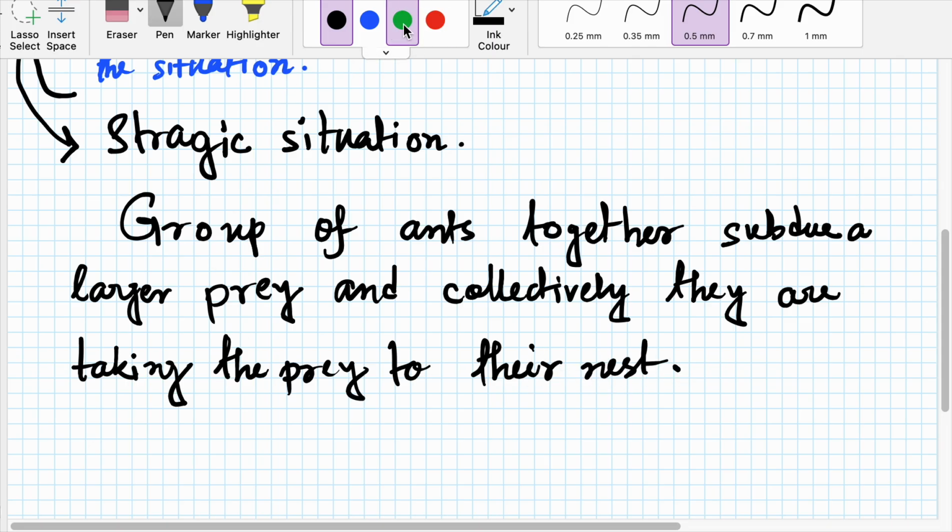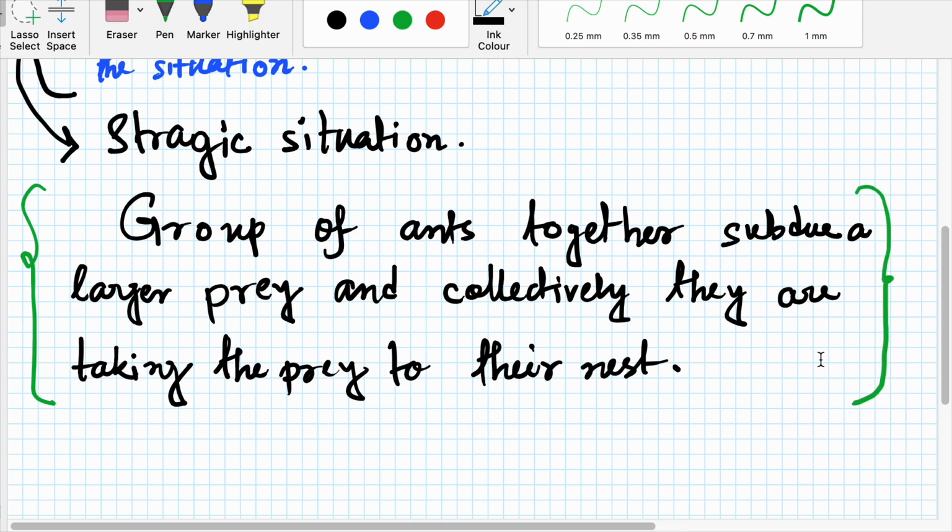So this is a prime example. A group of ants together subdue a larger prey and collectively take it to their nest. This could be an example of a strategic situation.